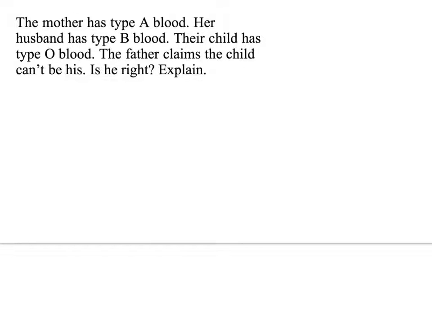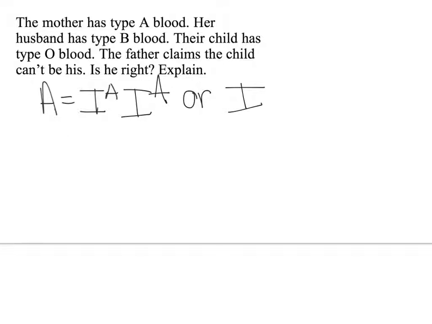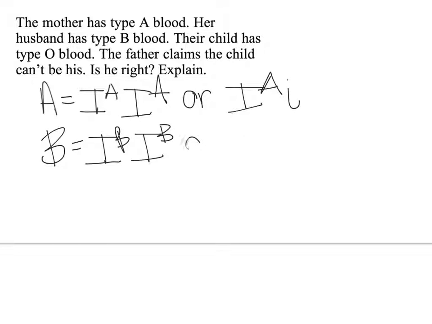So mom has A. To have type A blood, you could either be IA IA, so homozygous for the A allele, or she could be IA little i, which is O. Dad's the same, so he could be homozygous for the B allele, or he could be heterozygous with one allele for B and one allele for O. So we make O the lowercase i because it's recessive to both A and B.